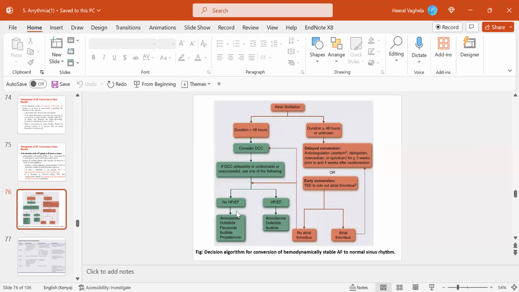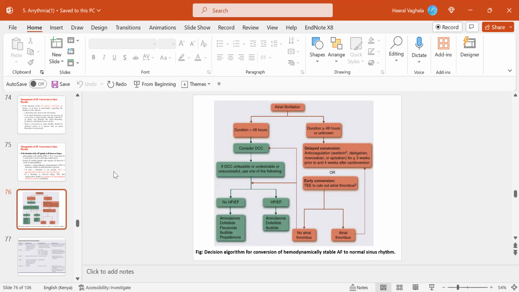So if the patient has heart failure with no preserved ejection fraction, then you give these drugs. And with preserved ejection fraction, then you consider these 3 drugs.